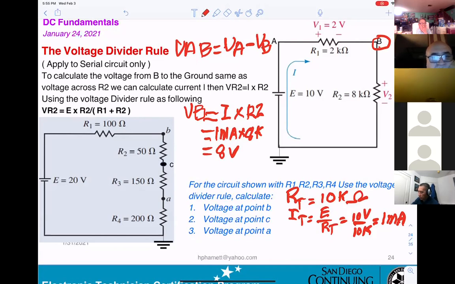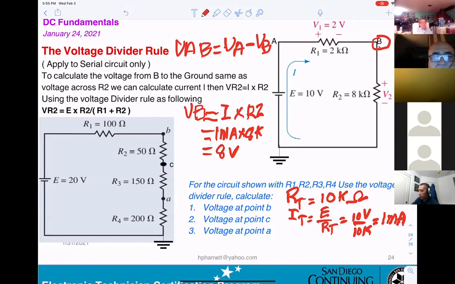And also, Mr. Pham, I noticed, which was good, you utilized the exponentials like you told us the other day. You multiply 1 times 8 is 8, and then the milliamp and the K will cancel each other out. The one will be times 10 to the minus 3, another one will be times 10 to the power 3. They cancel out. So VB will be 8 volt.